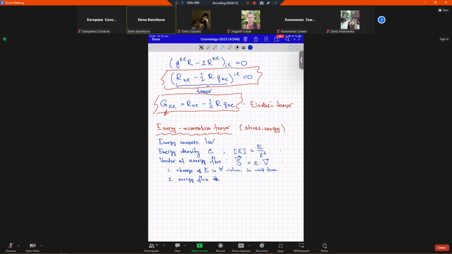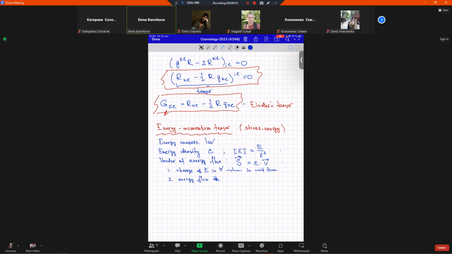What does it mean from the point of view of the momentum conservation law in differential form? It means that we have a change of momentum in some volume, and this is the momentum flux through the boundary of this volume.